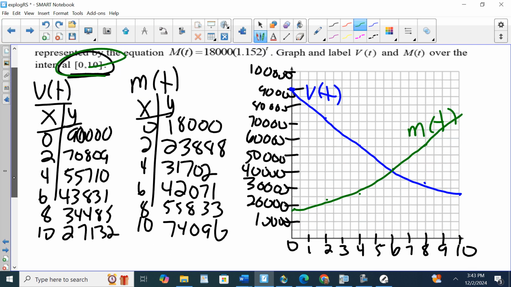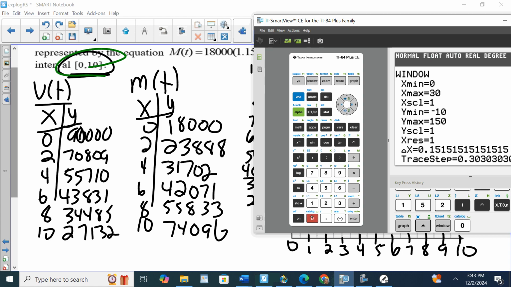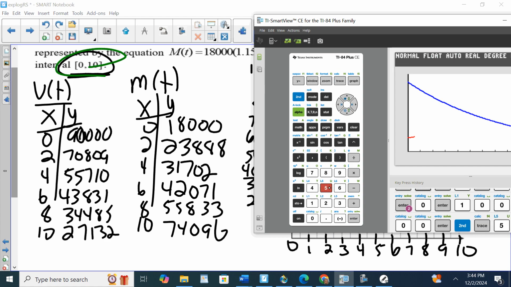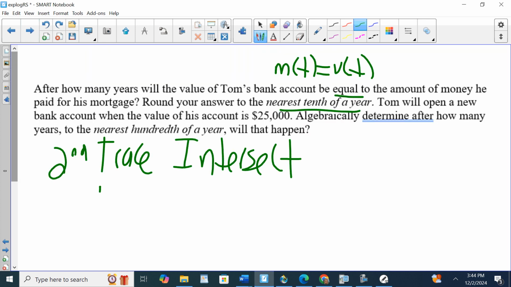Since the x values are going from 0 to 10 and the y from 0 to 100,000, I'm going to input that into my window. My x is going from 0 to 10. My y is going from 0 to 100,000. Enter. Second trace. Intersect. Enter, enter, enter, x value to the nearest tenth, 6.2. So t equals 6.2 years.